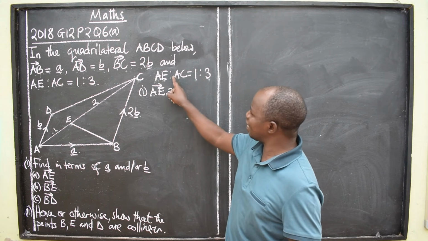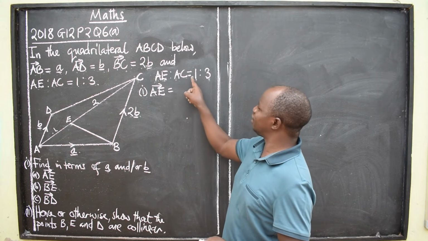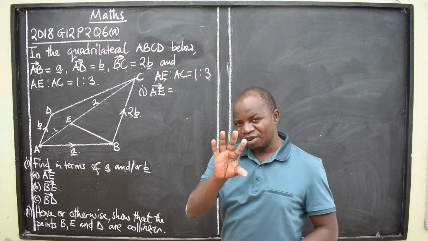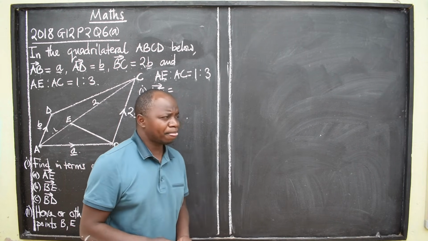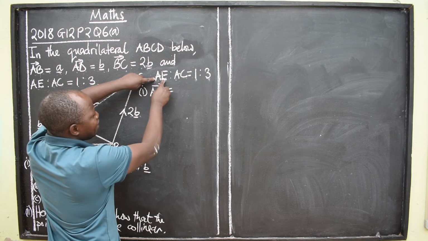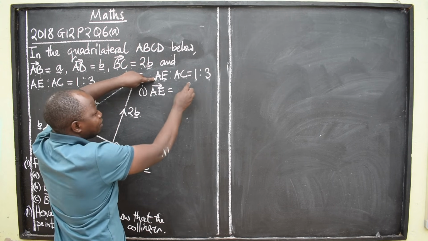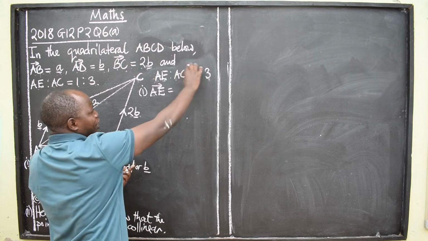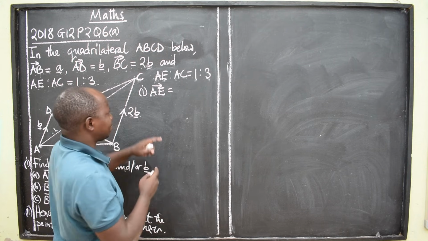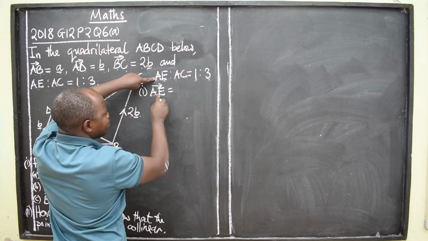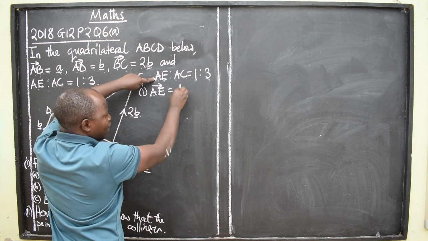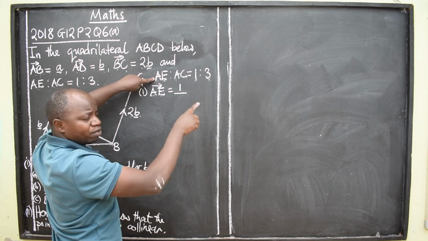We are saying AE to AC is equal to 1, 2, 3. Now, follow me very well here. AE will take the first number. I'm now changing from ratio to vectors, so to say. So AE is 1 over the total.